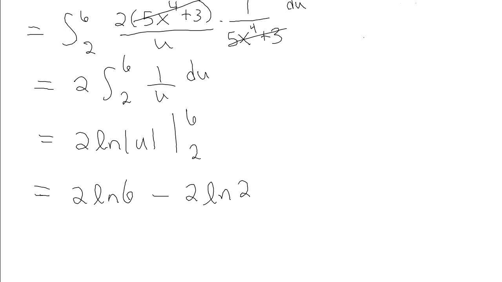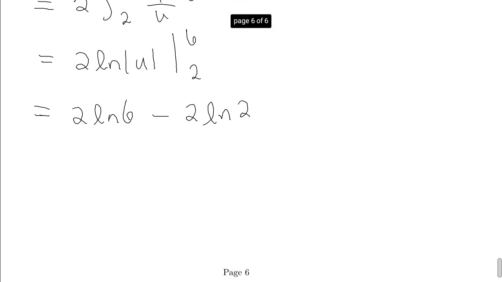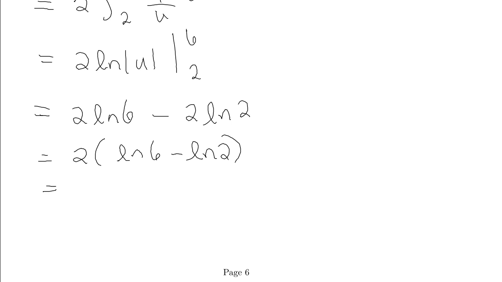Now, just in case MyMathLab asks you to do something like this and you have to fully simplify your answer, my claim is that this is not fully simplified. If they want an exact answer that's fully simplified, this would be wrong. So I would start by factoring out the 2, and that would leave me with ln of 6 minus ln of 2. Okay, well, let's remember our rule for ln of a divided by b is that it's equal to ln of a minus ln of b.